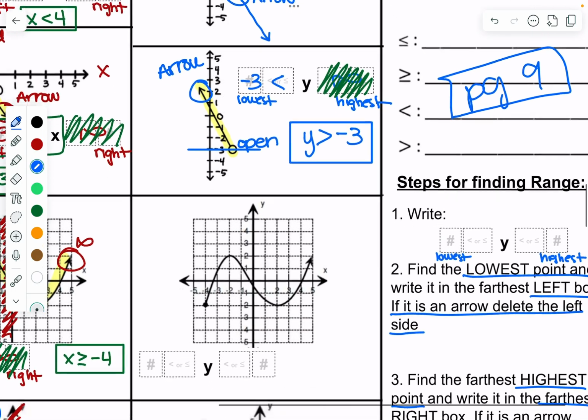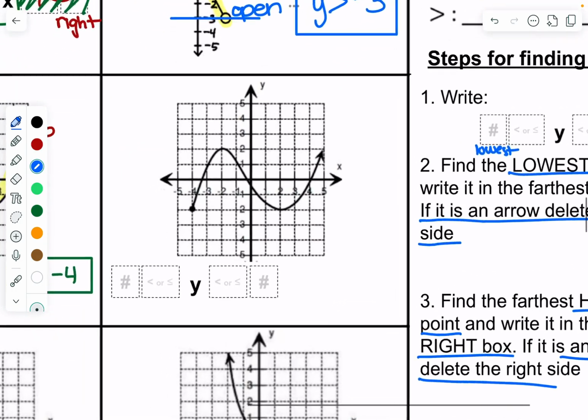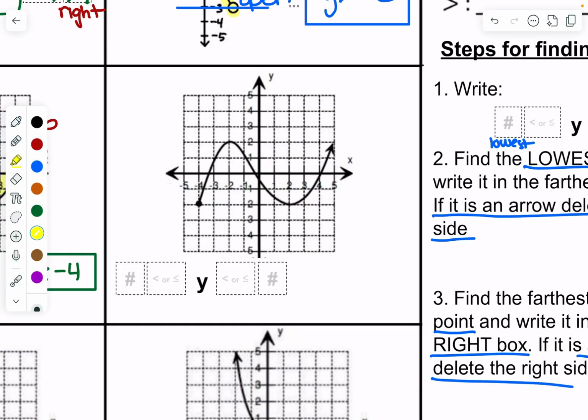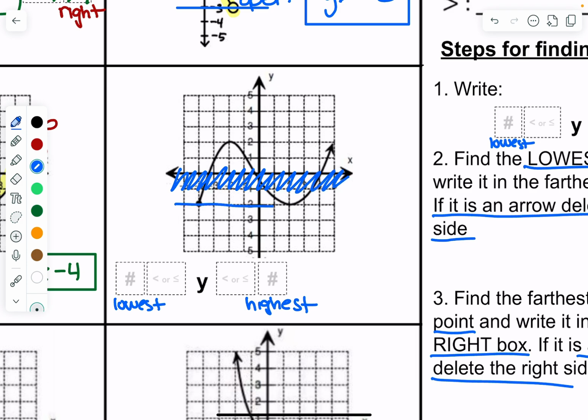Okay. So then let's try two more, my bad. So first, I know that I'm looking for my y, my range. So I have lowest to highest. And I'm going to delete my x-axis because I'm looking at y. I don't need it. Now, my lowest number for this graph is -2, and this is a closed point.